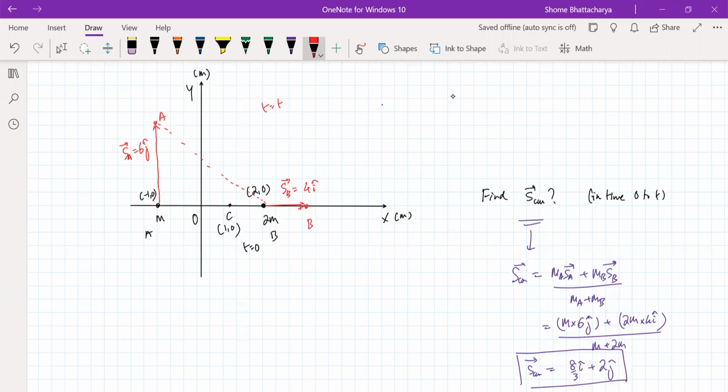Be located somewhere here, where the new x coordinate would have become 6 into 2 minus 1 divided by 3, 11 by 3.